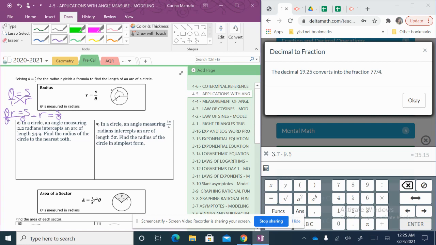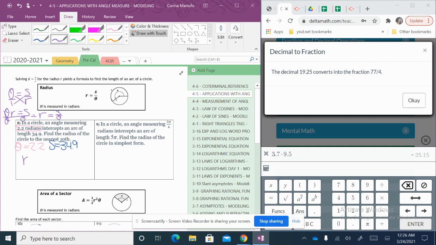That's our new formula. So any circle and angle measuring 2.2 radians intercepts an arc of, so this is our angle, 2.2 rad, so theta equals 2.2. Intercepts an arc length of 34.9, so S is equal to 34.9. Find the radius of the circle.